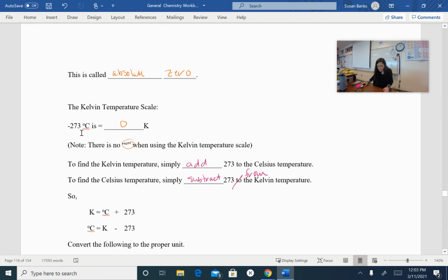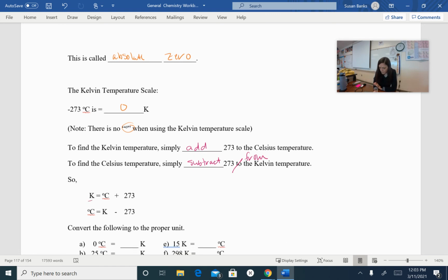If I want to find Kelvin and I have Celsius, I'm going to add 273, just like we said here. If I want to find Celsius and I have the Kelvin, I have to subtract 273, just like we had here. Okay? So we're going to convert the following temperatures from Celsius to Kelvin and Kelvin back.